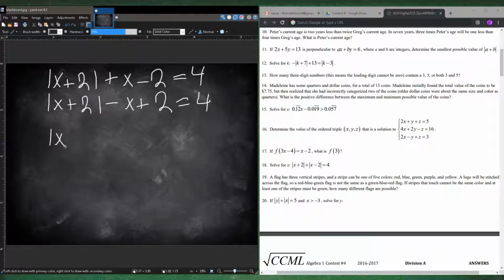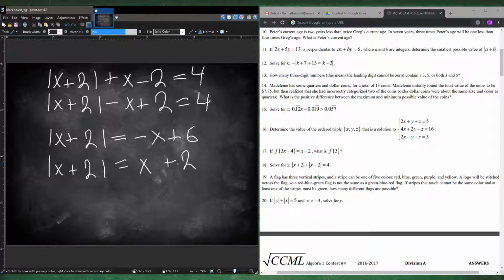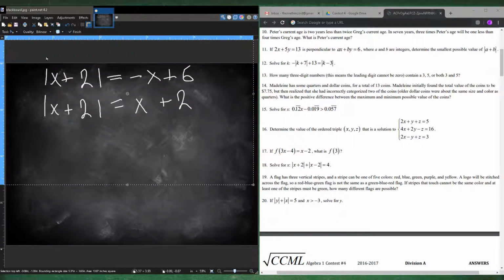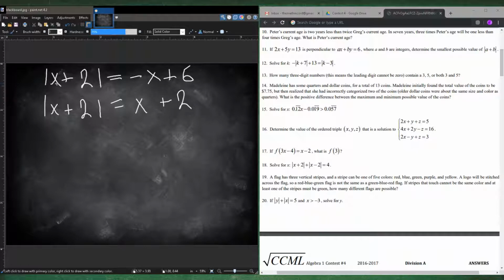Simplifying the first one, you get x plus 2 is equal to negative x plus 6.